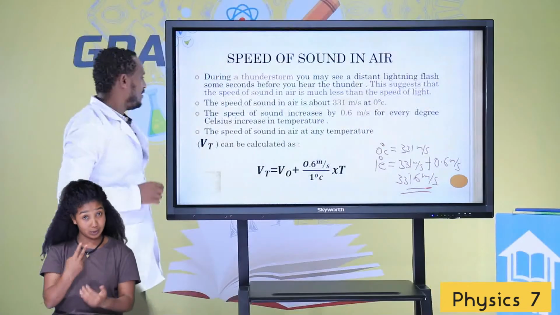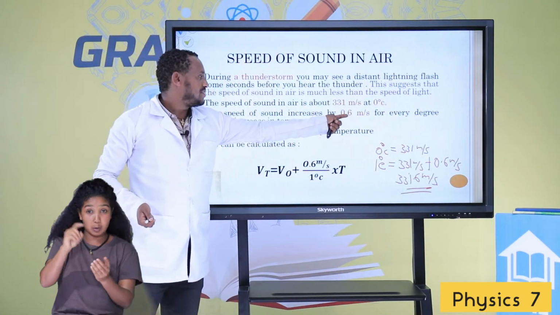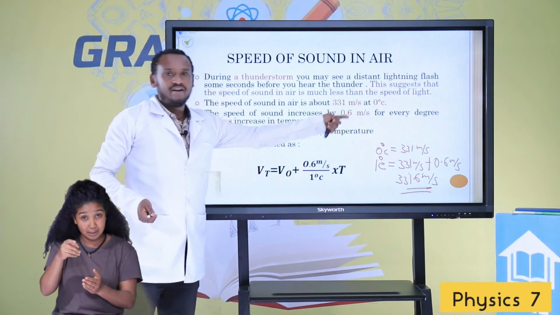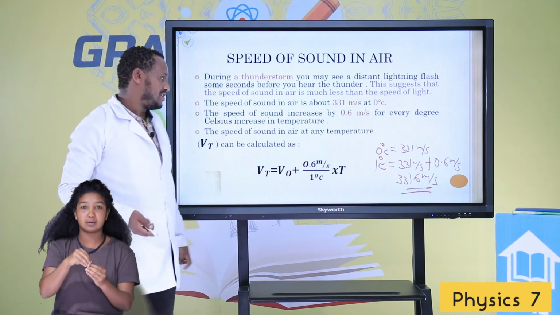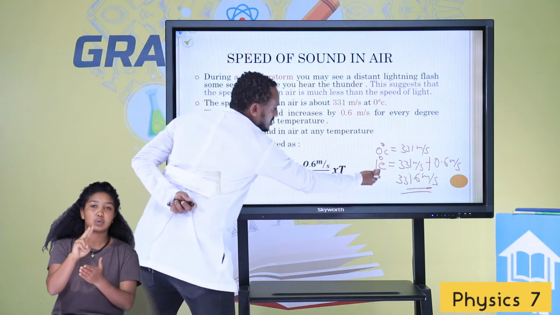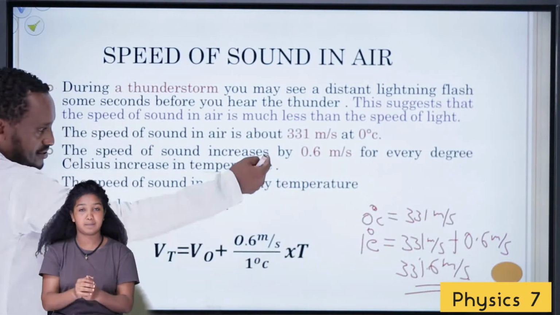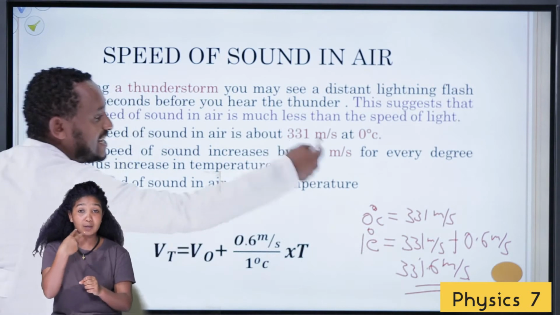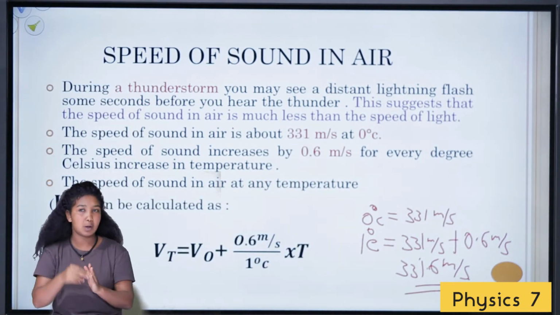You see, students, the speed of sound increases by 0.6 meter per second for every degree Celsius increase in temperature. For example, take 2 degrees Celsius. The speed of sound increases by twice 0.6, that is 1.2.